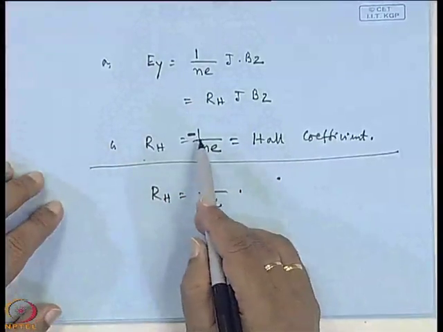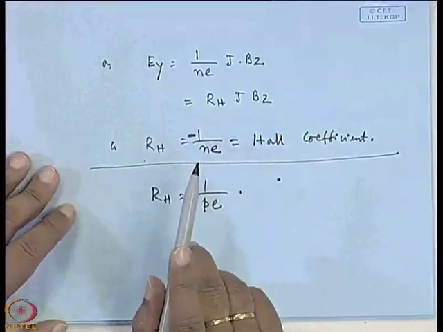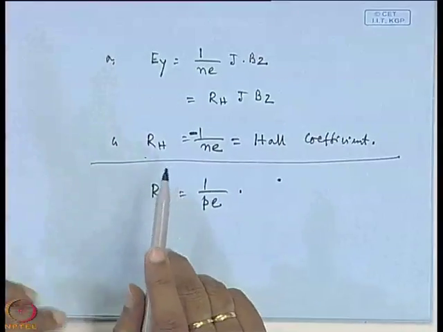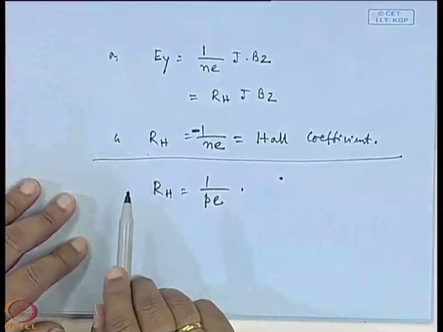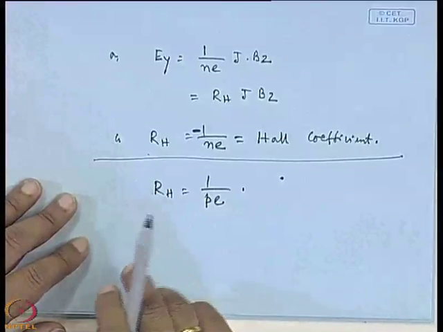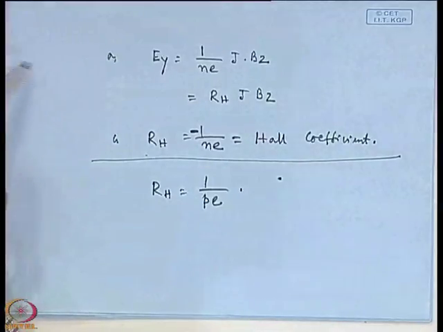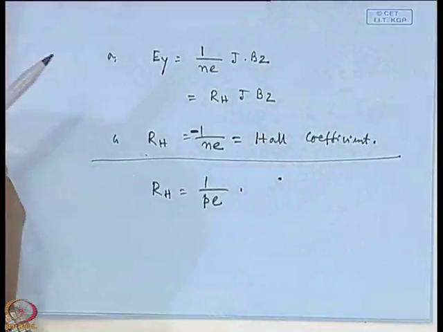For metal it is always negative, but there is one difference: in beryllium it is positive, because of its band theory. You can explain the nature of that Hall coefficient from the band theory.